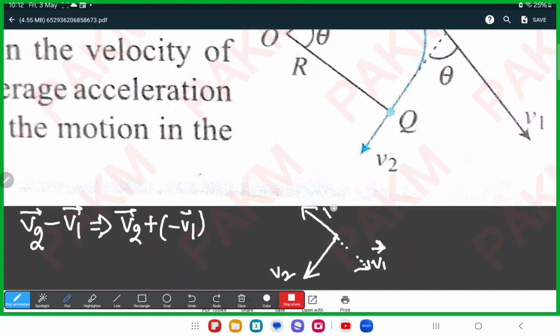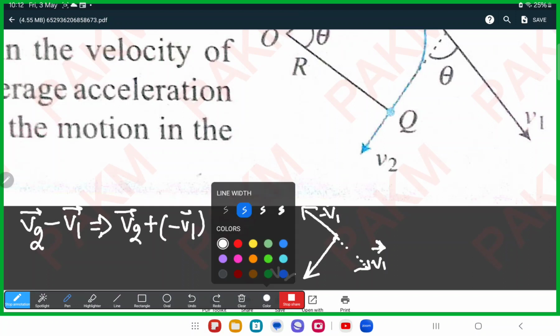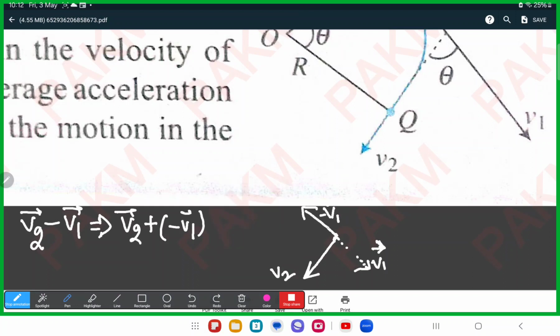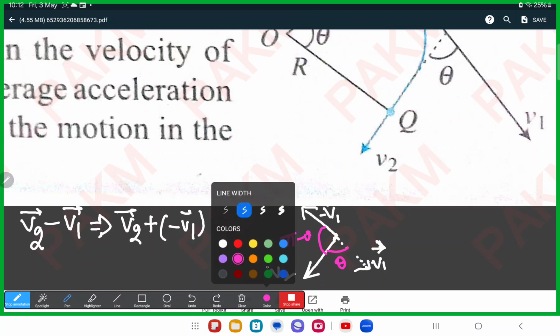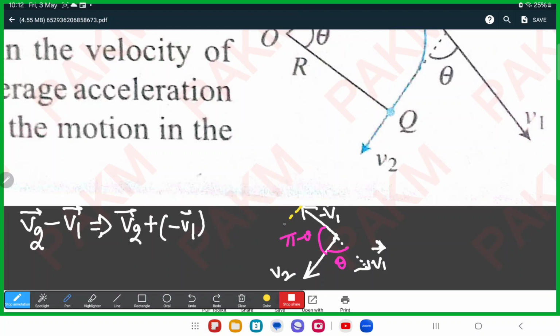Once again the angle is theta, so this angle becomes pi minus theta. Now we will simply use the law of parallelogram to calculate the resultant.